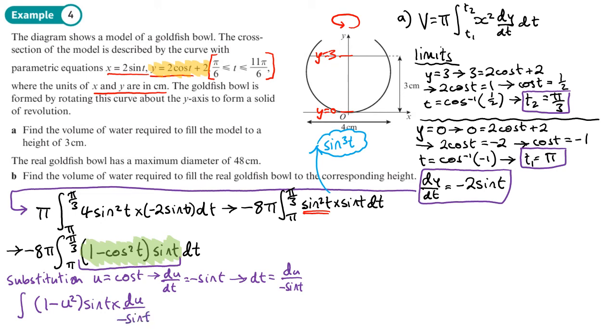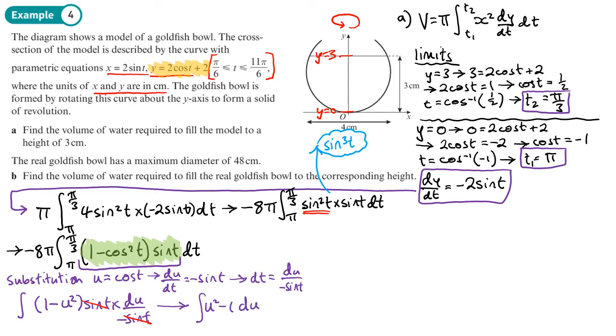So there's my substitution. Now what happens? That cancels out, and in fact this becomes the integral of, because we're timesing it by minus 1, u squared minus 1 du.